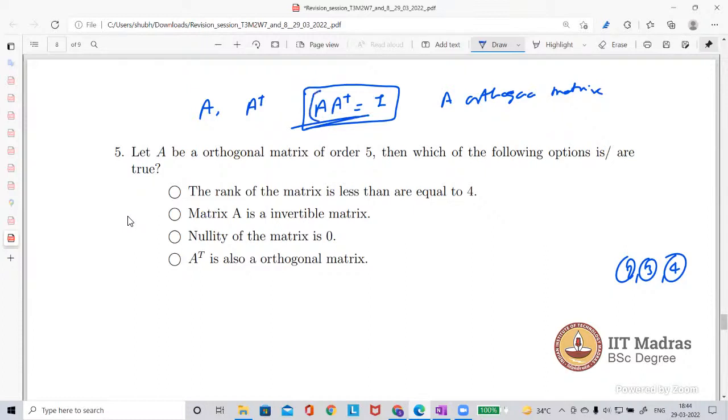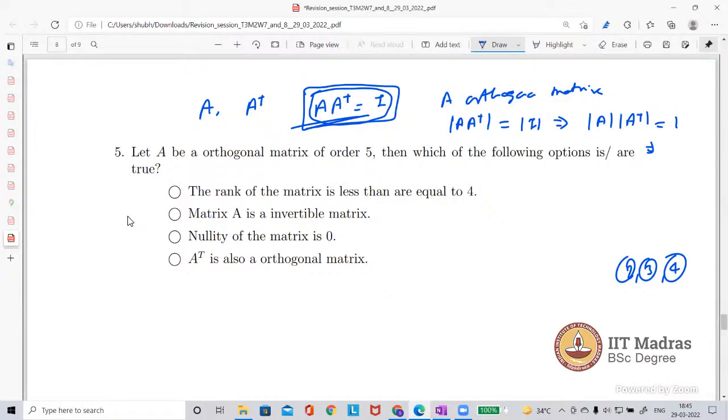See, you have this relation. Just take the determinant of this. The determinant of the identity is 1. Now you know that the determinant of a matrix and of its transpose are the same.